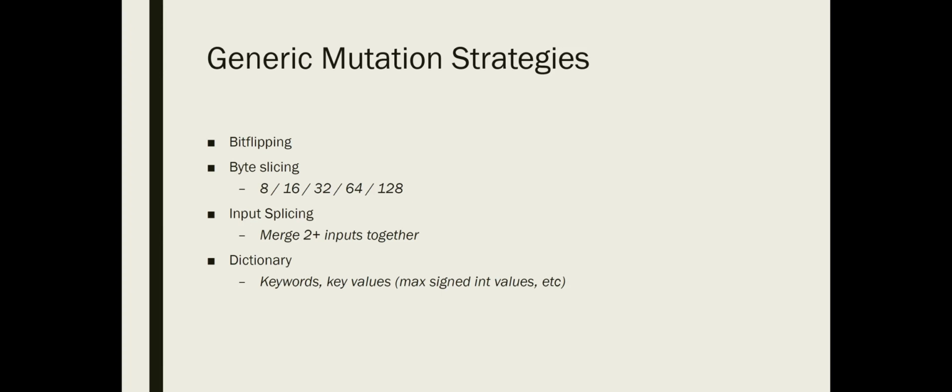Now, if you know your target needs a very well-defined input, then you may forego a lot of this generic stuff and just write your own mutator that mutates the input in such a way that it still conforms to the specification or what's required by your target.